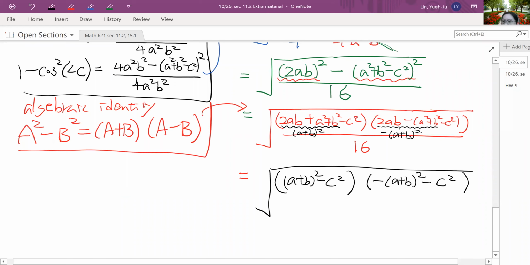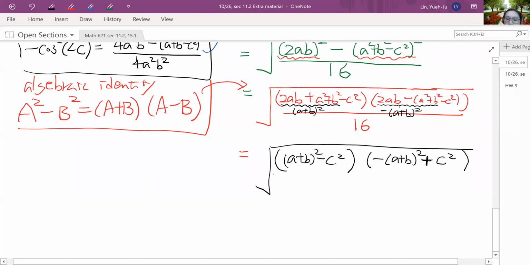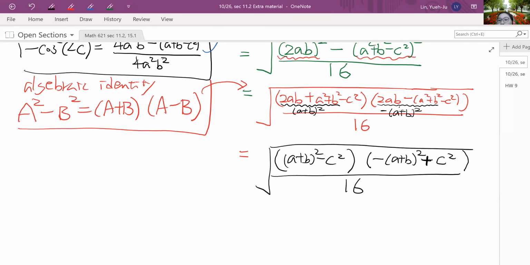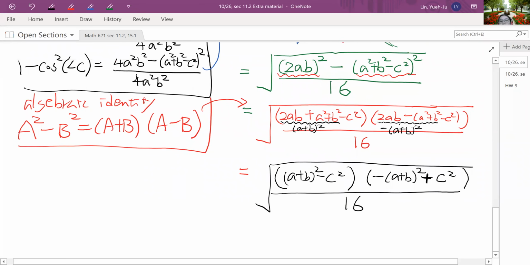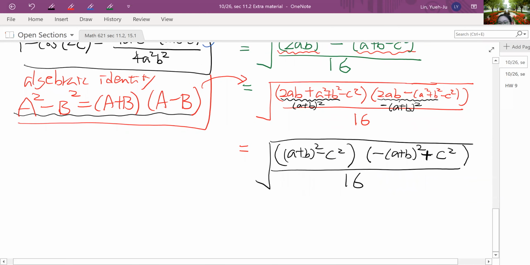Actually, the plus, sorry, plus, minus, minus, plus. Now I have, just keep the 16. Now we're almost done, because the way I rewrite everything, I use the identity to break things, but I rebundle it again. So I have another type of perfect square like this.